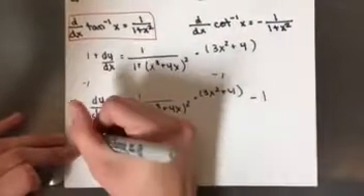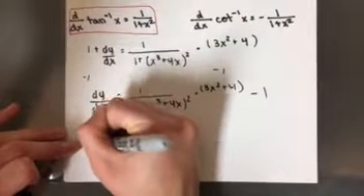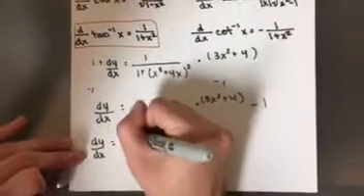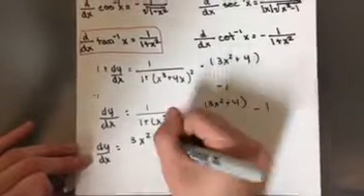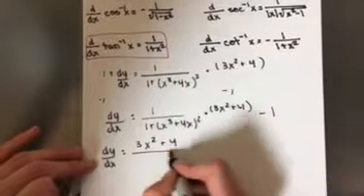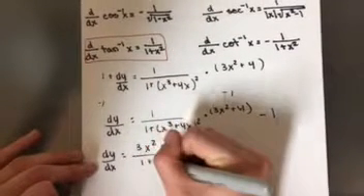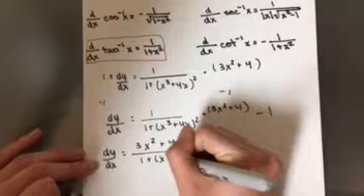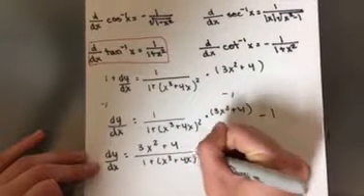And then we're going to simplify this, so dy/dx is equal to (3x squared plus 4) over 1 plus (x cubed plus 4x) squared.